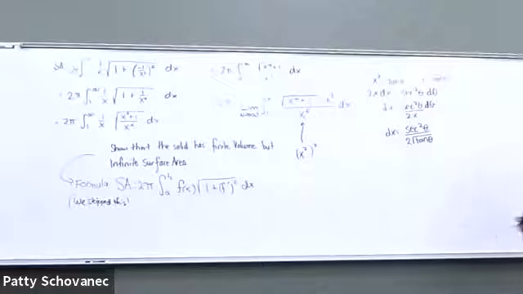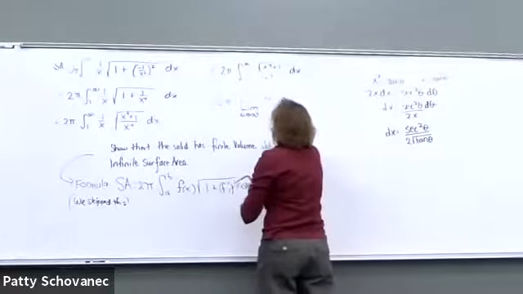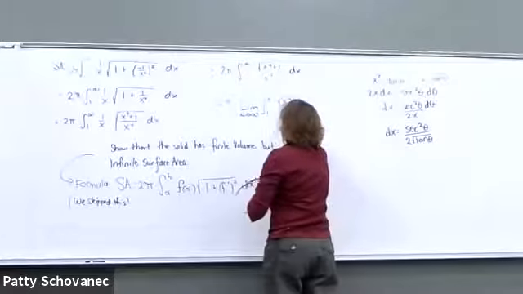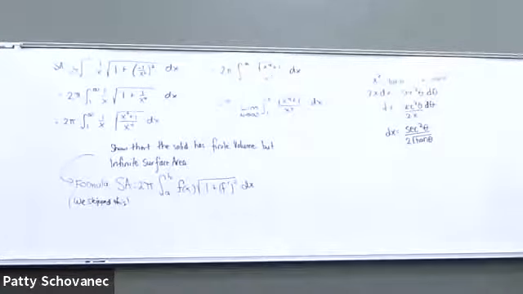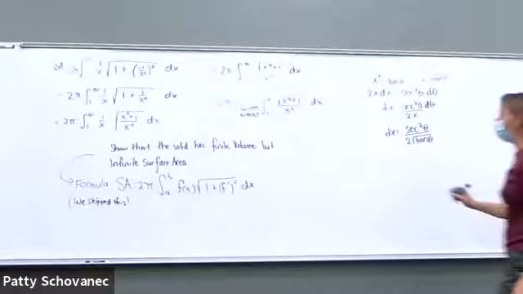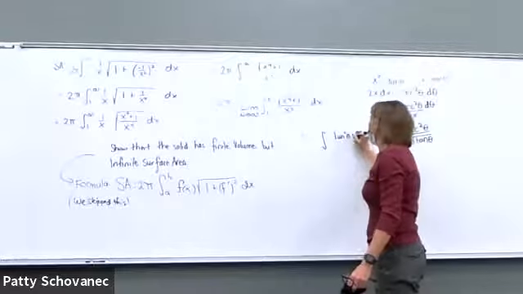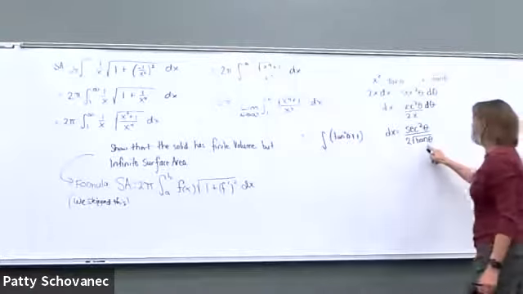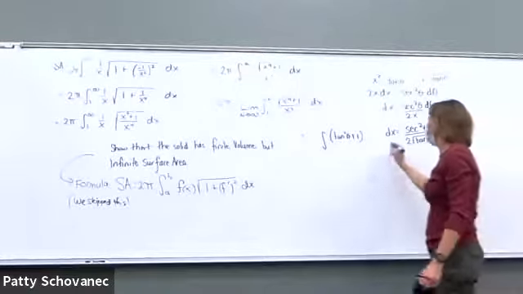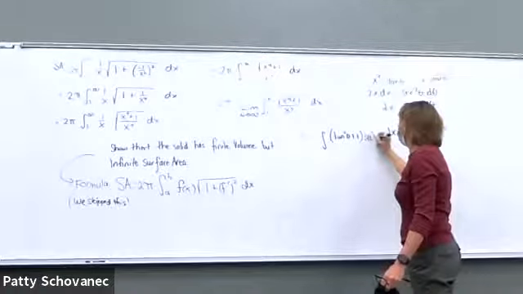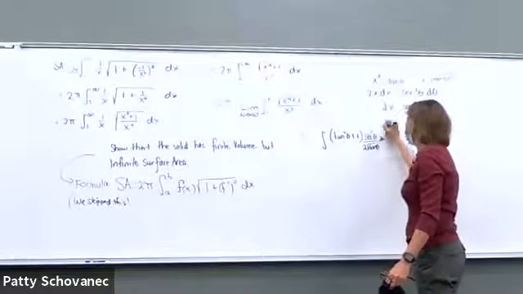All right, let's substitute that in up here. So x to the fourth is going to be tan squared theta plus 1. dx is secant squared theta over 2 square root of tan theta, d theta.